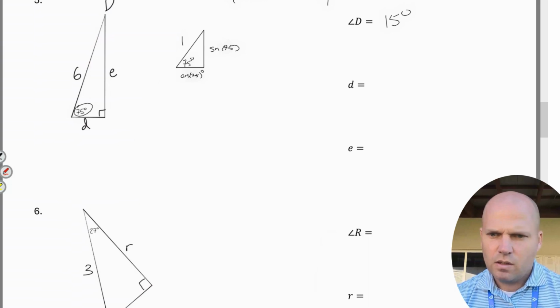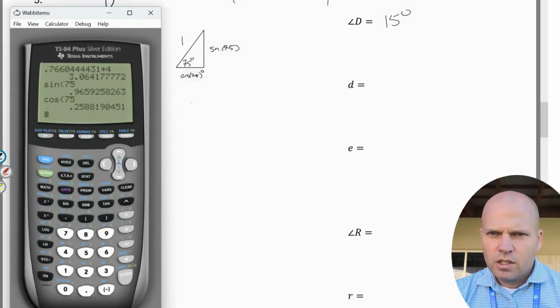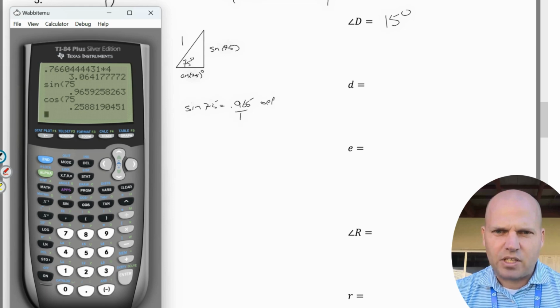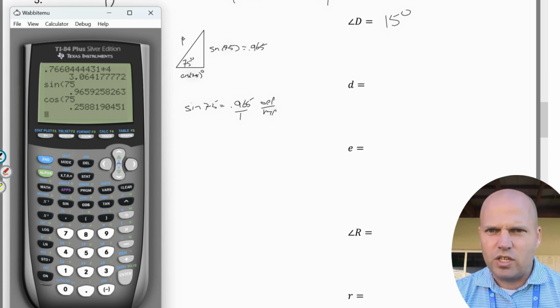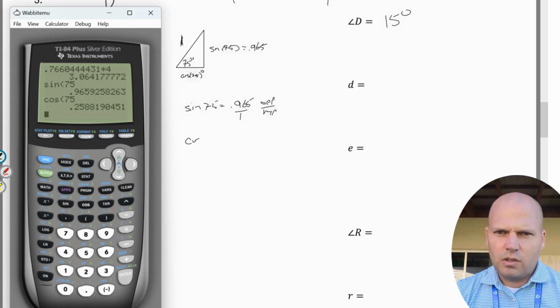I can write it out. The sine of 75 equals 0.965 over 1. That's the opposite over the hypotenuse. So opposite is 0.965. Hypotenuse is 1. Cosine of 75 is 0.2588 over 1, which is the adjacent over the hypotenuse.